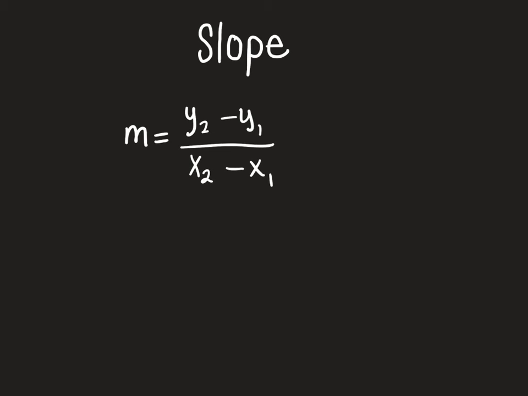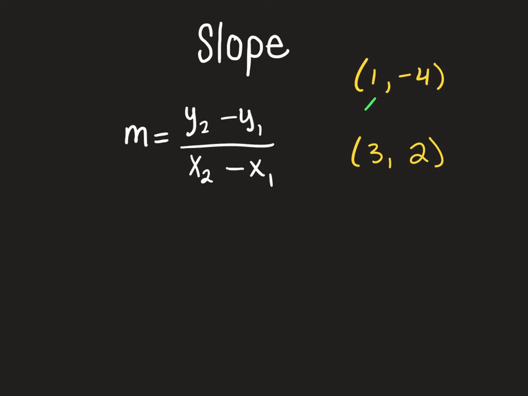The last formula we're going to use is our slope formula. If you remember from Algebra 1, for those of you that have had that class, slope is rise over run. It's a number representing the steepness of the line. Just like our other two, we're going to have 2 coordinates. Let's say we have (1, -4) and (3, 2).